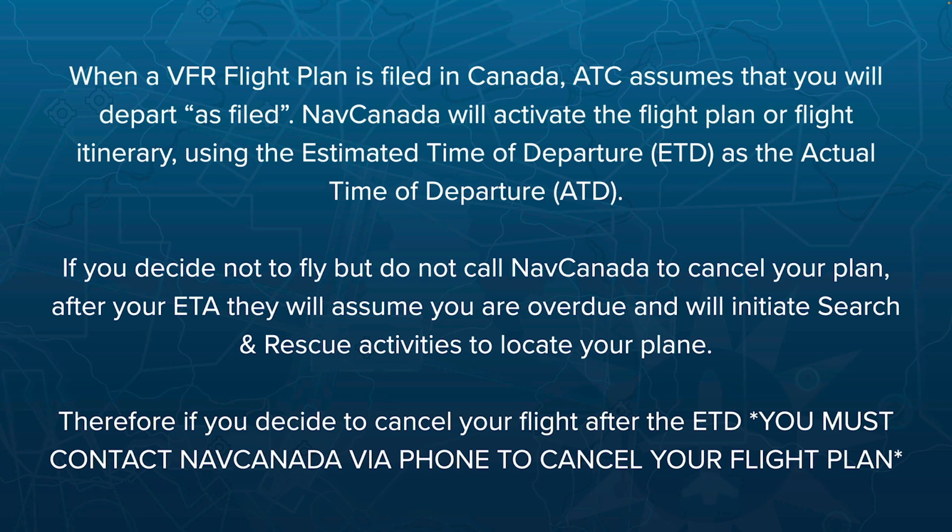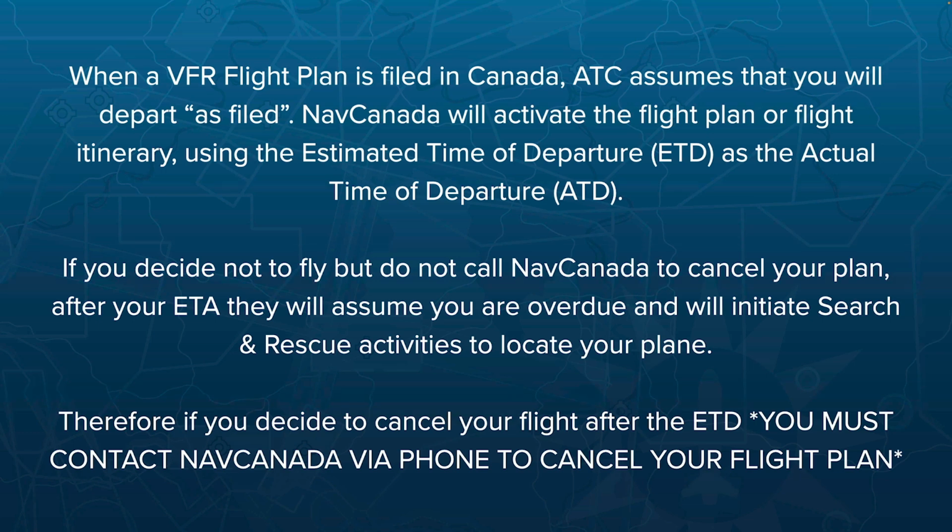If you decide not to fly, but you don't call Nav Canada to cancel your plan after your ETA, they will assume that you're overdue and they'll initiate search and rescue activities to locate your plane. Therefore, if you decide to cancel your flight plan after the ETD, you must contact Nav Canada via phone to cancel your flight plan.